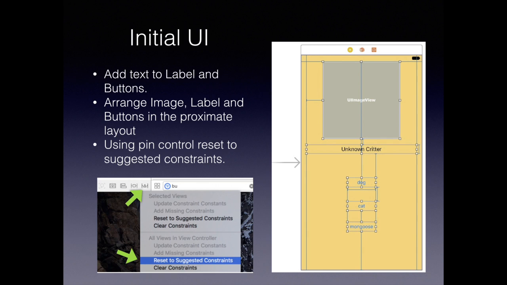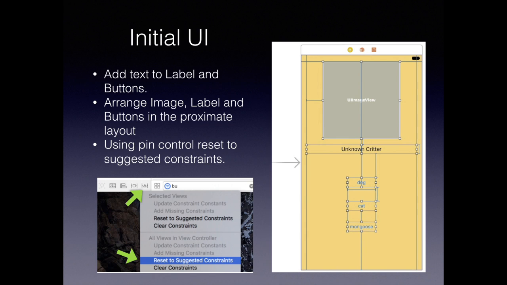So you can see there's the separation of the image view from the left edge is specified. The separation of the label from the image is specified. The separation of each of the buttons from each other is specified. So there are actually a lot of specifications that the system comes up with for you.